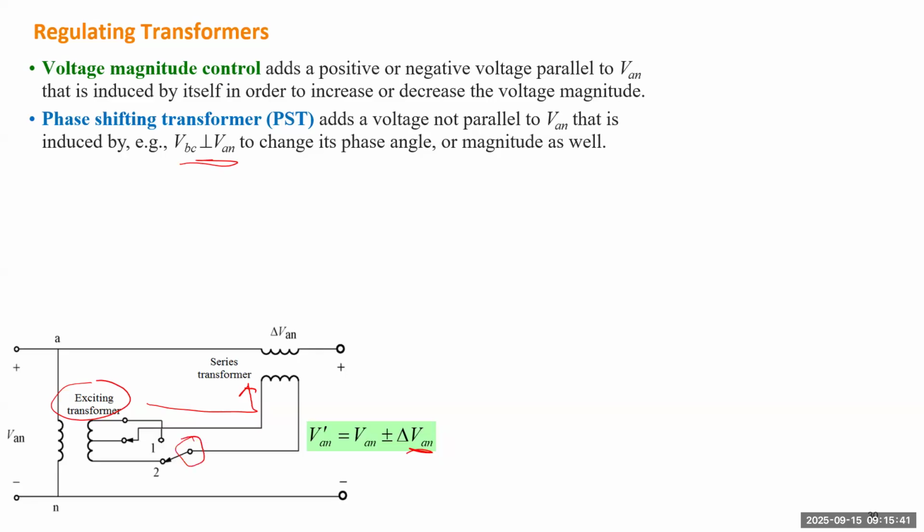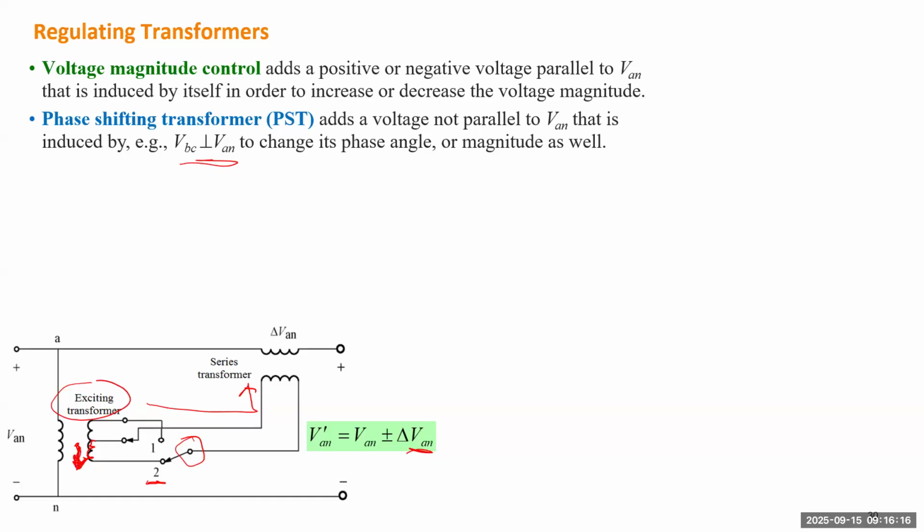This switch right now is at position number 2. So there are two positions. If it's at position number 2, that will take the voltage here, right? Because it will utilize this secondary winding to get a little voltage proportional to the original voltage on one phase, phase A, but in the opposite direction.